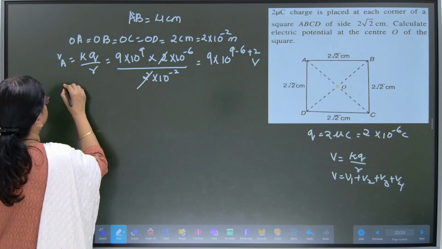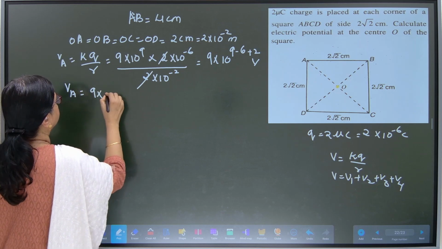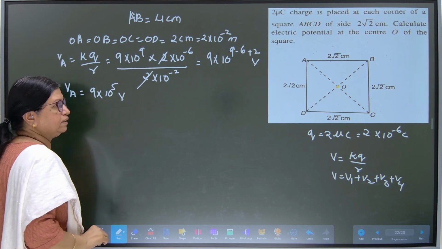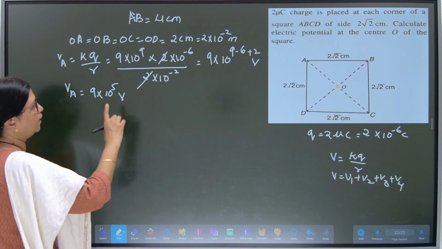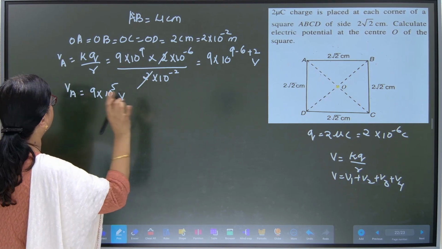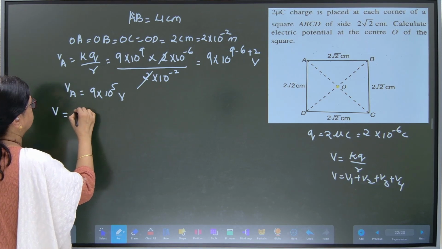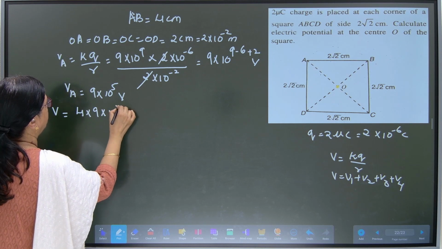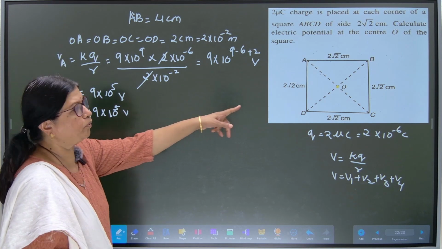That is equal to 9 into 10 raised to 5 volts. That is VA. Now as I said, all are equal. VA, VB, VC and VD all are equal. We get total potential V is equal to, because there are 4 vertices, 4 into 9 into 10 raised to 5 volts is the potential at the point O.